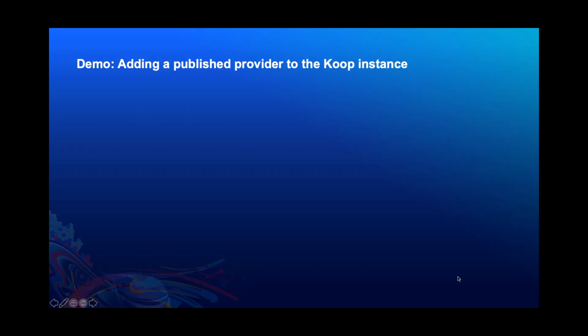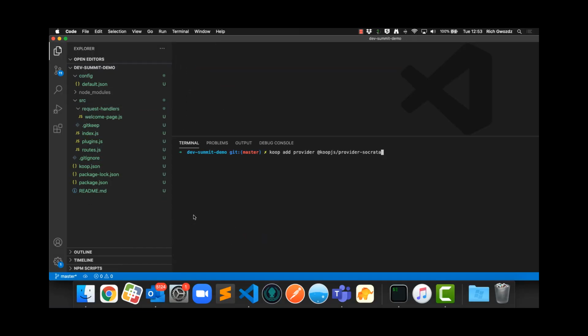Now we're going to add a published data provider to our already created Koop instance using the Koop CLI. All right, the next thing we're going to do is we're going to add a provider plugin to this Koop instance.